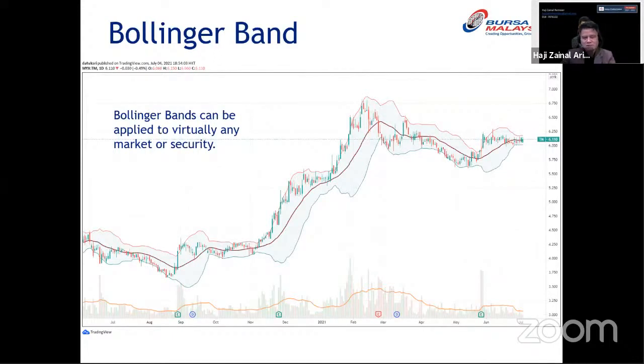Of course, it's not easy to use the Bollinger Band to track the price of a house or of antiques; that's a bit difficult. But on other instruments that have a continuous price, the Bollinger Band can be used.